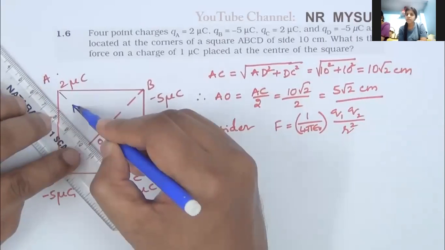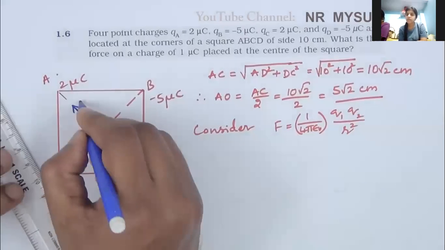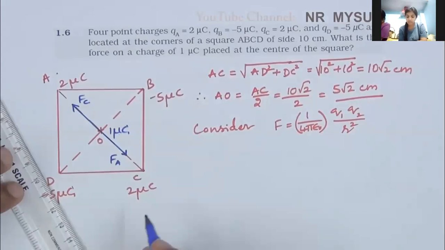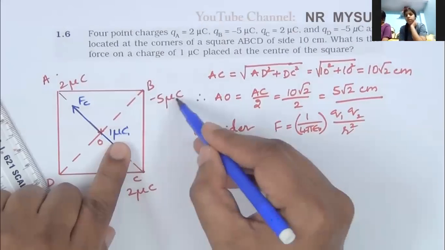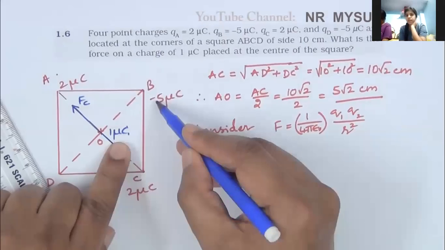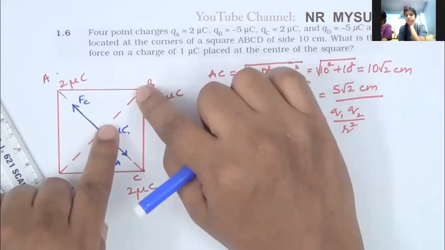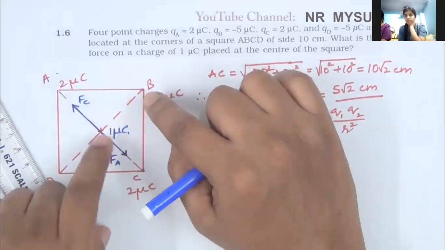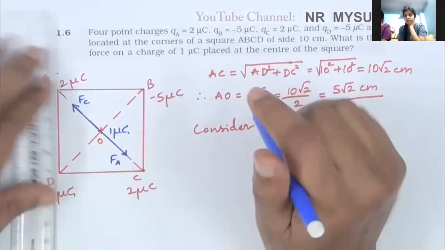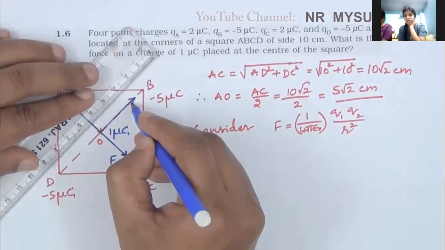this is the force, the force due to C, FC. Now, between the 1 microcoulomb and the -5 microcoulomb charge, there exists attraction. Because of attraction, the force on 1 microcoulomb is towards B. Therefore, this is the force of attraction.